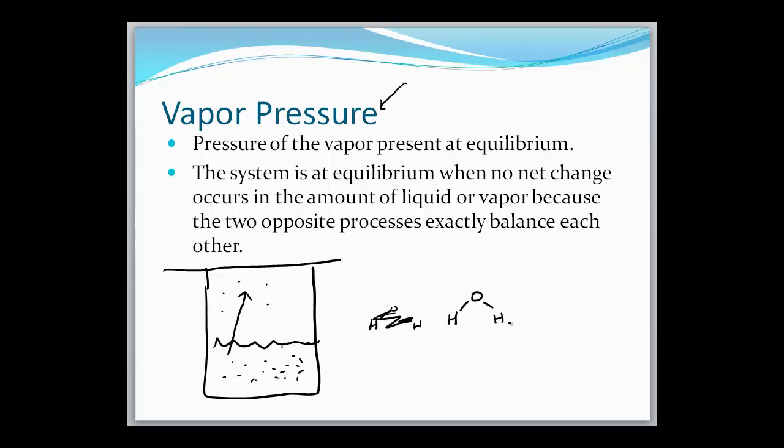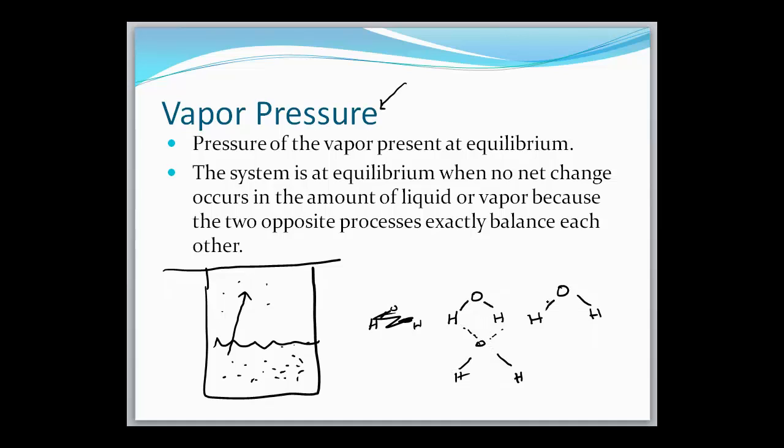Water molecules on the surface, and then water molecules below the surface. If you remember our talk about hydrogen bonding, there's hydrogen bonding going on in between these molecules below the surface. So the molecules below the surface are going to have lots of other water molecules holding onto it, essentially, with this hydrogen bonding.